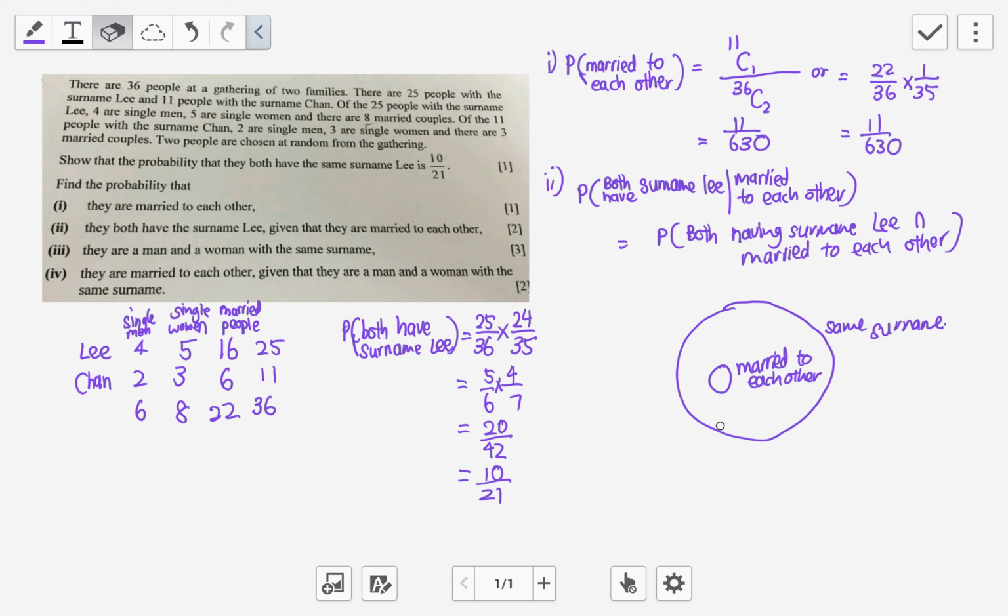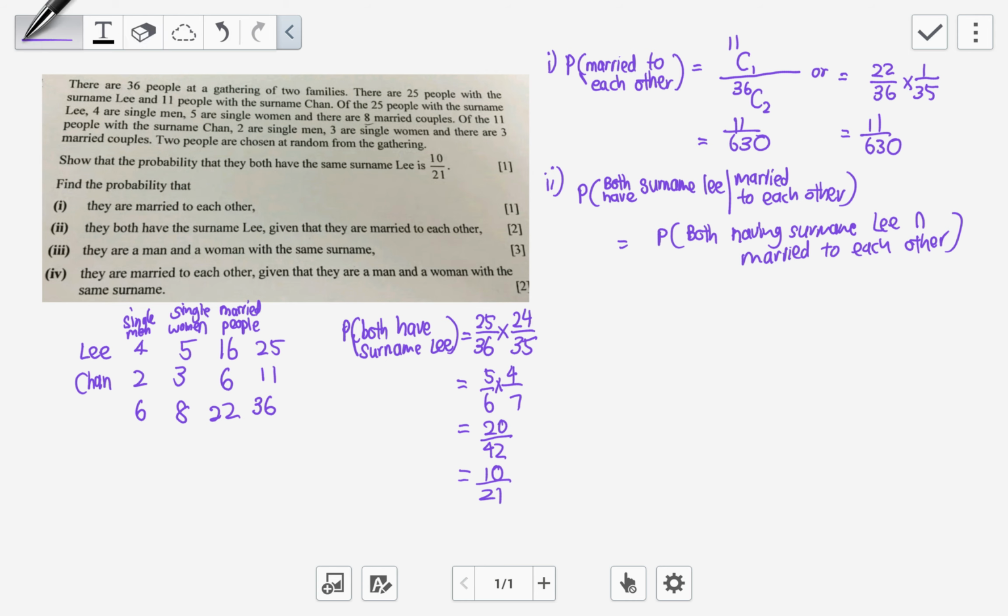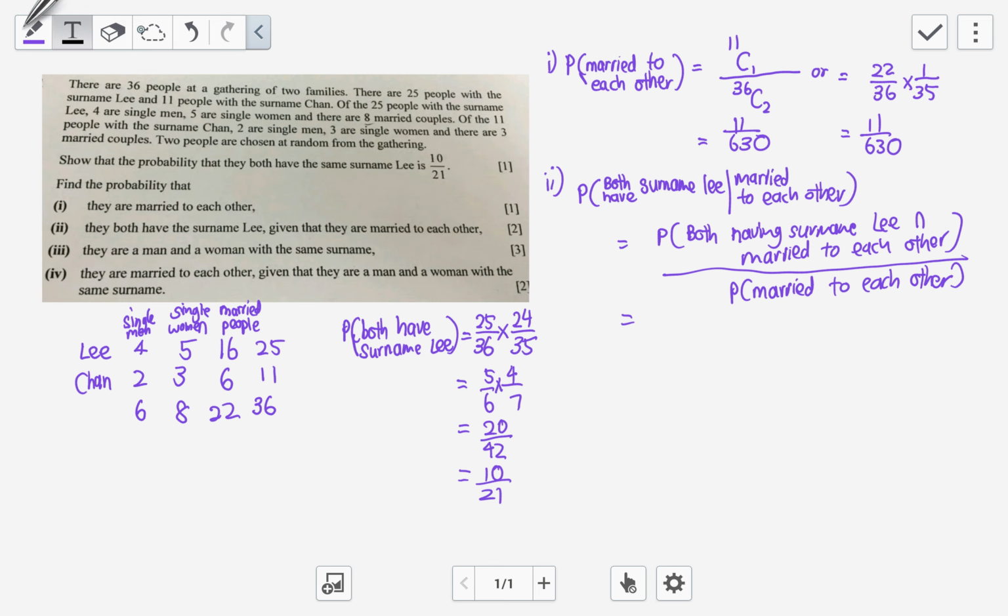What we do is, this is the case where they are a married couple with surname Lee, over the probability they are married to each other. The two people chosen are married to each other. For the denominator, we have from part 1 of the question, married to each other.